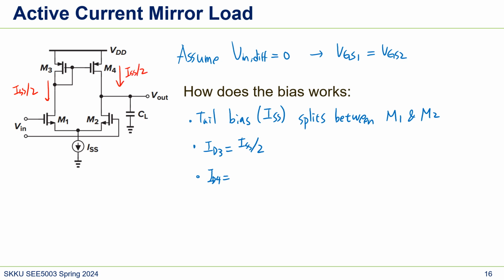Now ID4 is ID3, which is ID2. So everything is balanced.